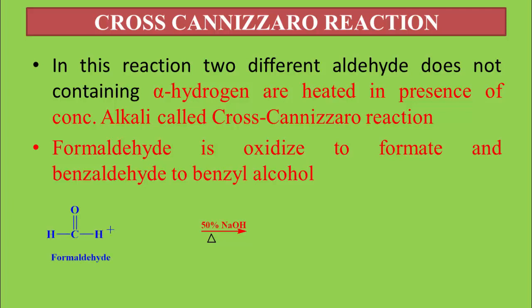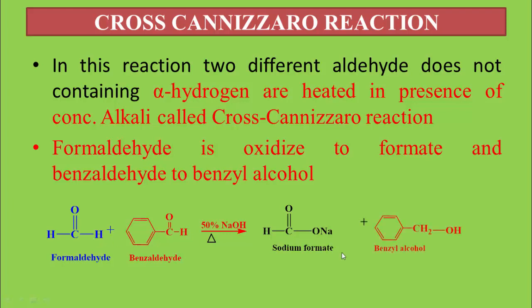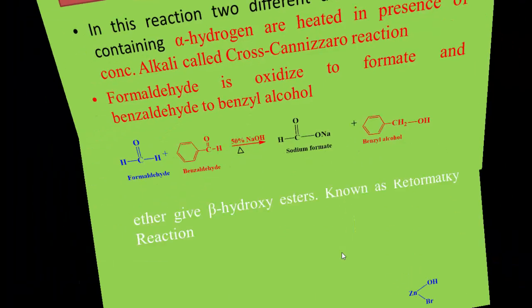For example, one is formaldehyde and another is benzaldehyde. Both these aldehydes do not contain alpha hydrogen atoms. When heated in 50% NaOH, formaldehyde is converted into sodium formate and benzaldehyde is converted into benzyl alcohol. This reaction is known as the crossed Cannizzaro reaction.